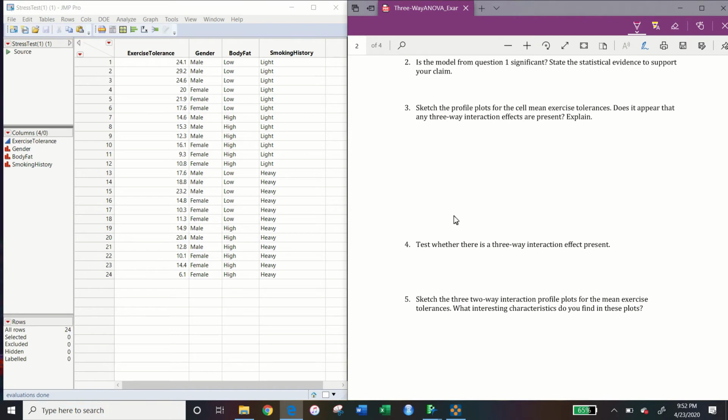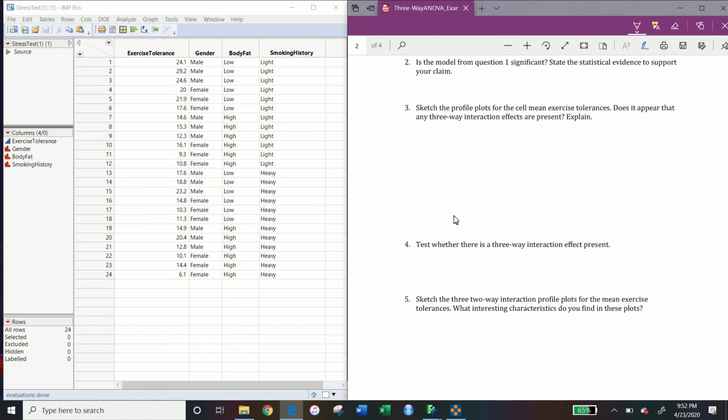Basically, you're going to need two tools to do all the JMP required for this three-way ANOVA example problem. The first one comes up in question 2, which asks if the model from question 1 is significant, and asks us to state statistical evidence to support our claim.